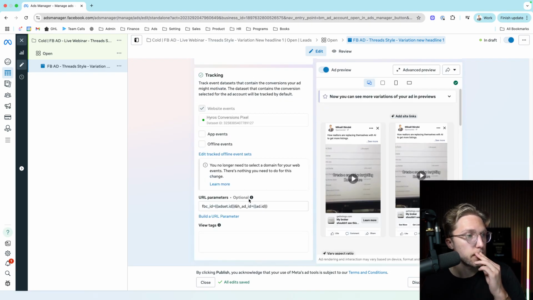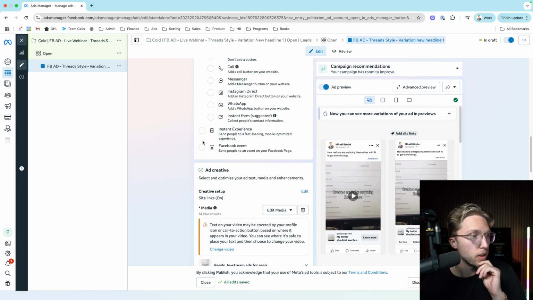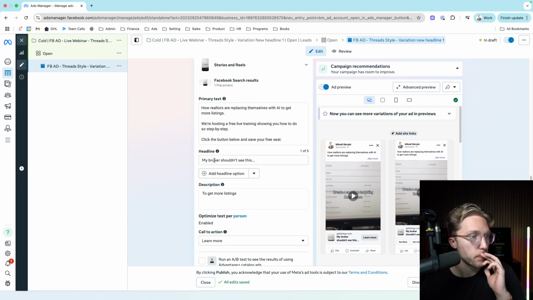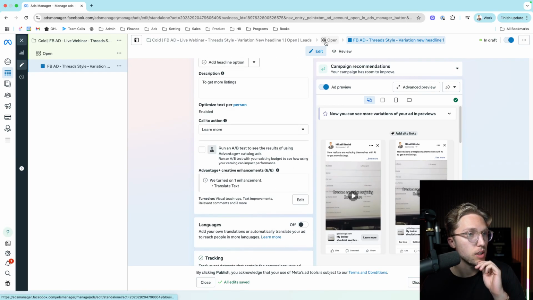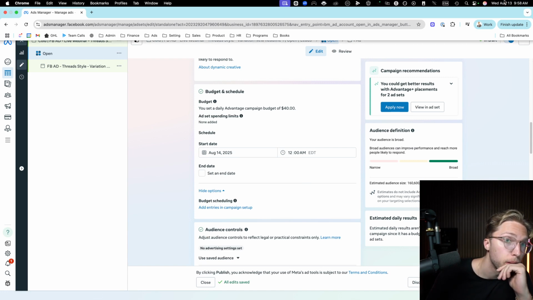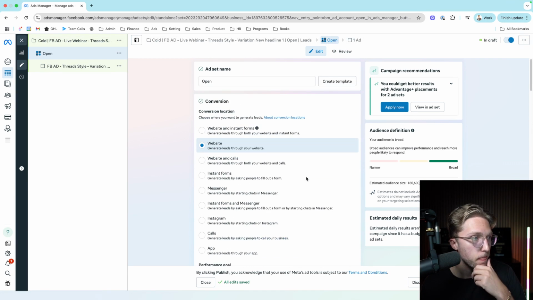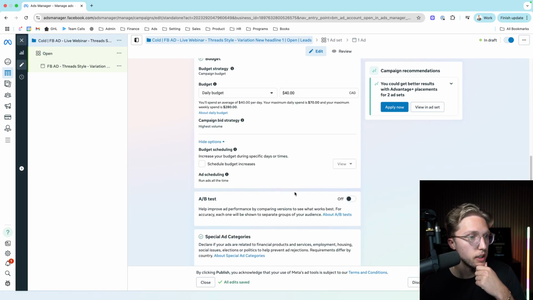Let me just double check. New headline. Everything's the same. The only difference is the headline. And we're scheduled for tomorrow, 12 a.m. Okay, good stuff. $40 a day. Let me just make sure.